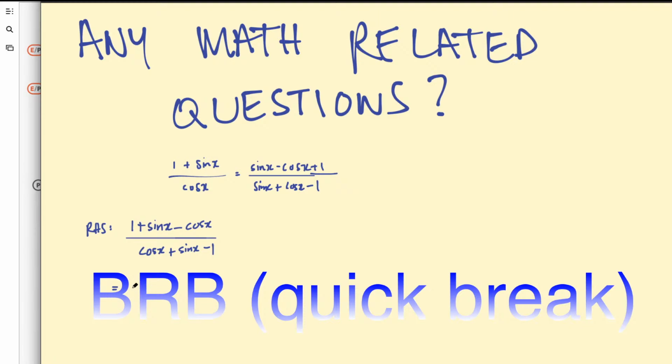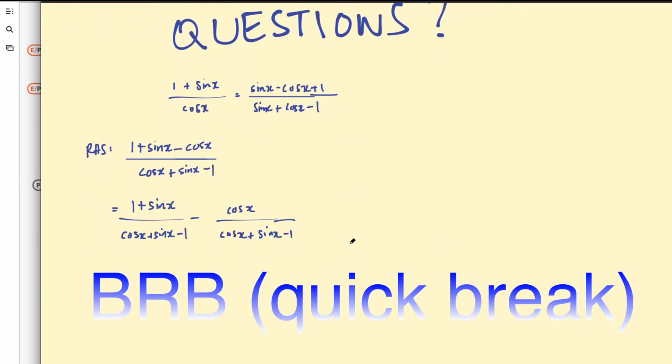Alright. So let's write this as two fractions. And now what?